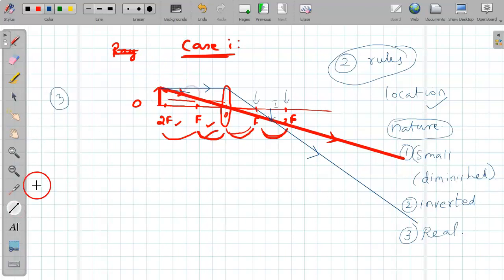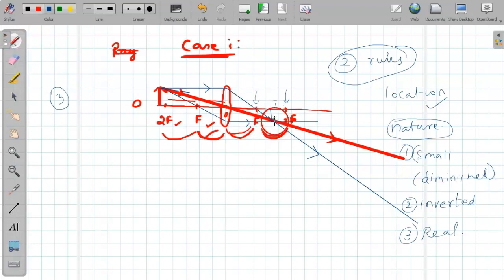That is, when the light rays are from the principal focus, that means the line is passing through the principal focus, it will become parallel. It will become parallel to the principal axis. Now three lines are meeting at this point.